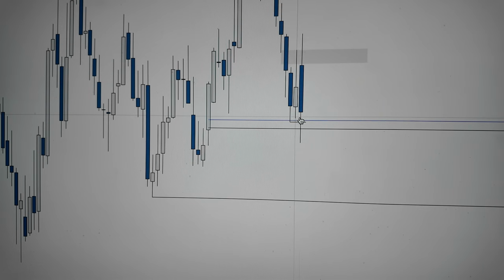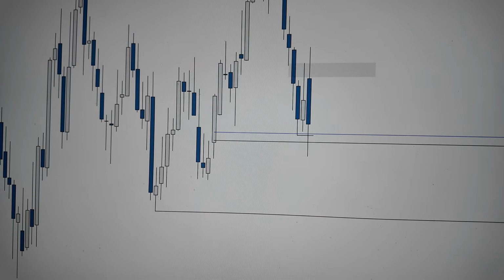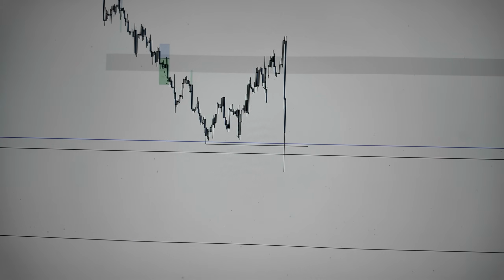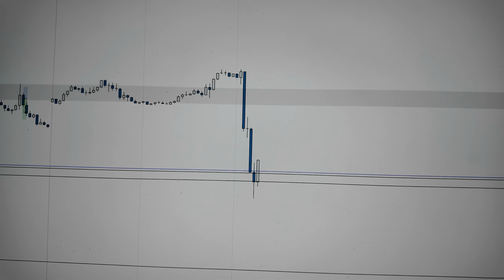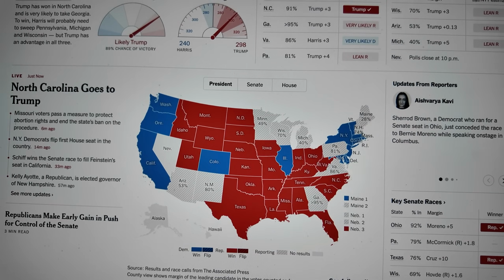It's going to be interesting to see what EUR/USD is going to do for the rest of the day. We are starting to retrace, so now I have nothing to do at all. We'll see what happens after it gets decided, and from what I'm seeing, it's overall decided that Trump is going to win.